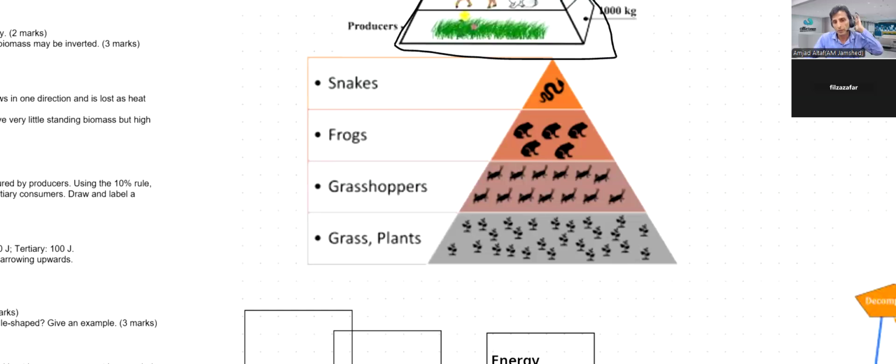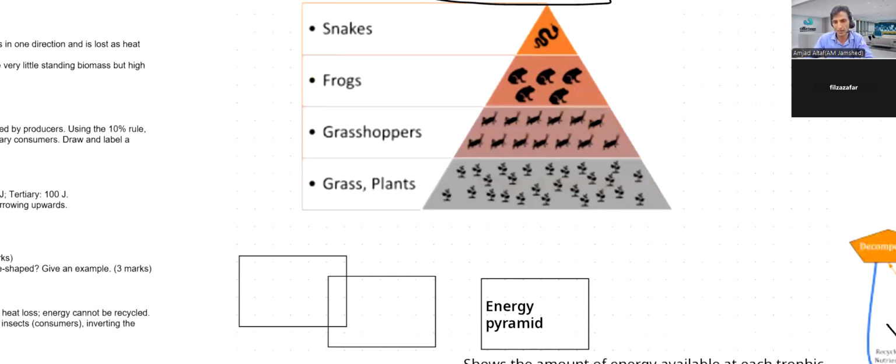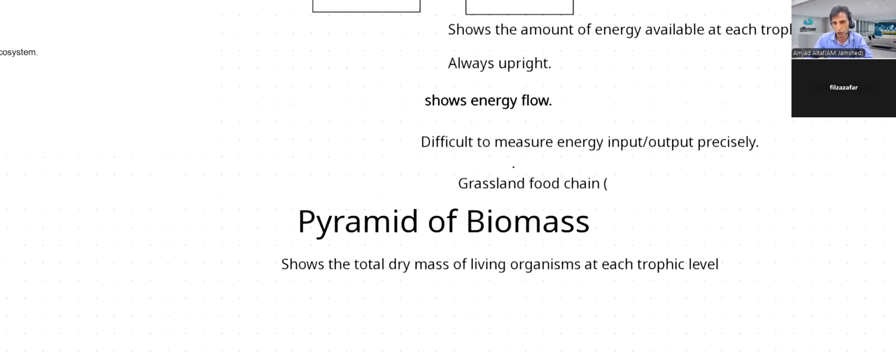In this case, the third concept is shape. Shape is always upright, but sometimes it may be inverted. That's a bit of a different concept. It depends on the ecosystem, Filza, where it is.